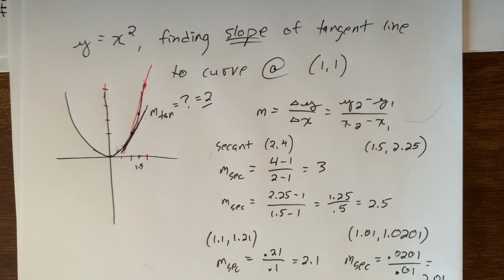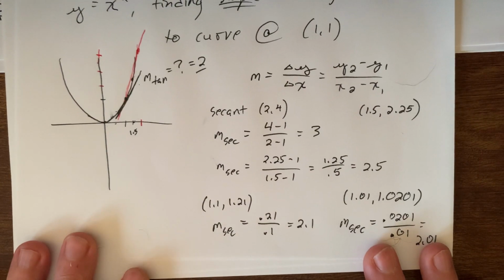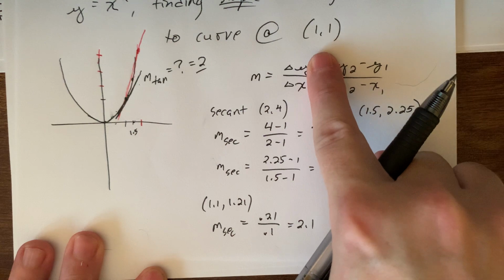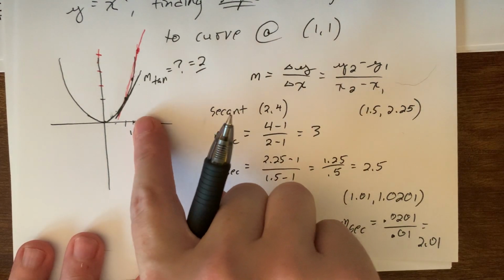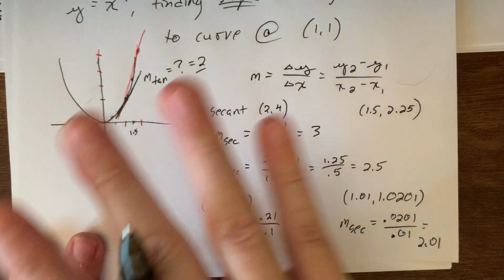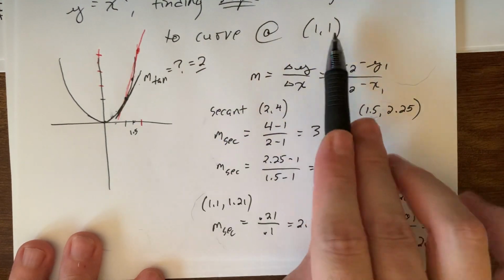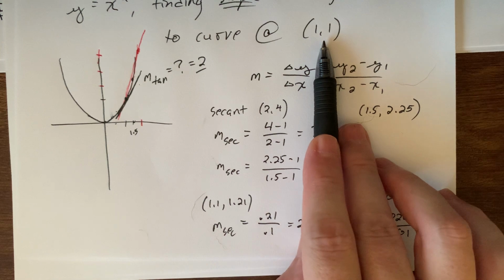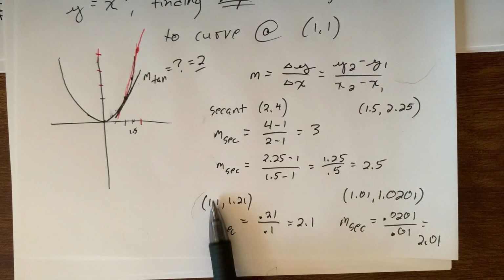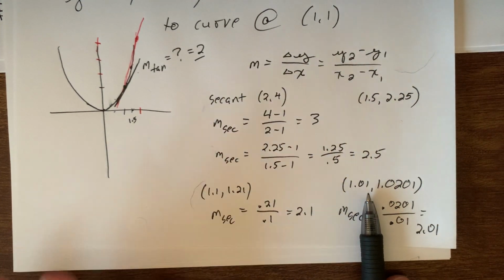Now, we're not going to be able to prove that for a little bit, but that's what the tangent line really is. And this is that first big concept. What we are doing here is this idea of getting closer and closer to a point without actually getting there, right? I can't pick my second x value as 1, or then I've had the exact same point back. But by letting x be 1.1 and then 1.01, I'm letting my second x value approach the value of the first x value.